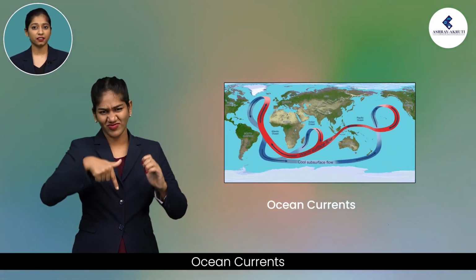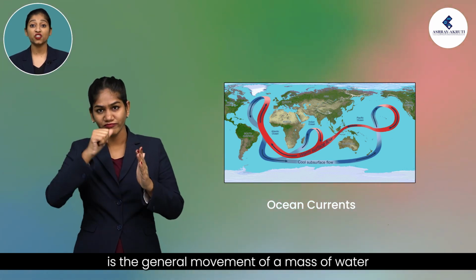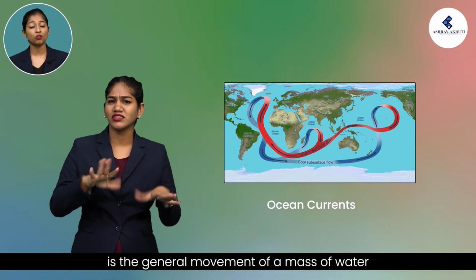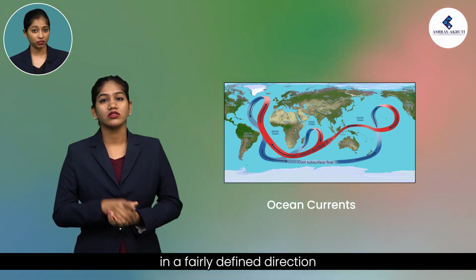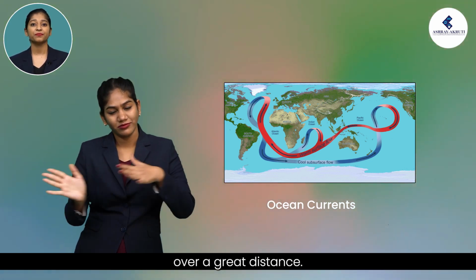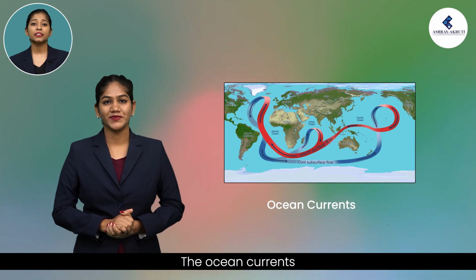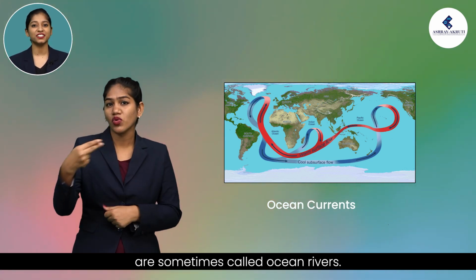Ocean currents. The ocean current is the general movement of a mass of water in a fairly defined direction over a great distance. The ocean currents are sometimes called ocean rivers.